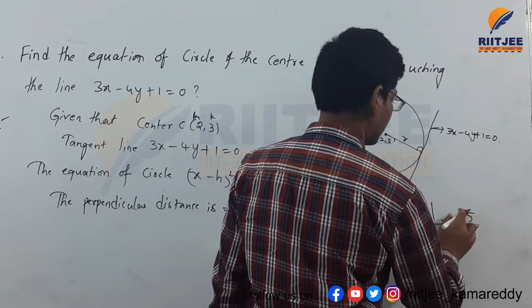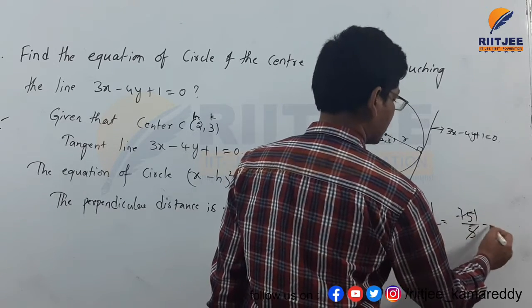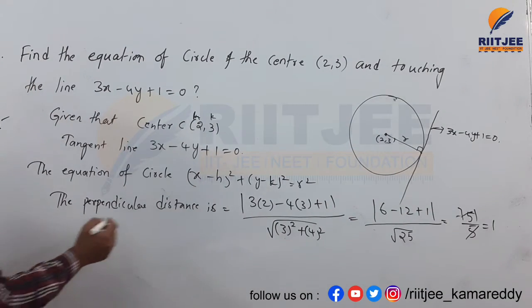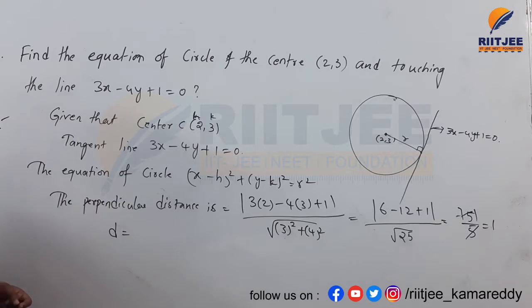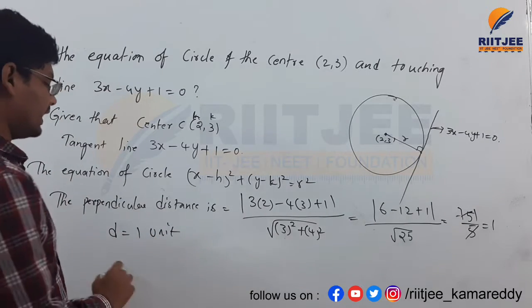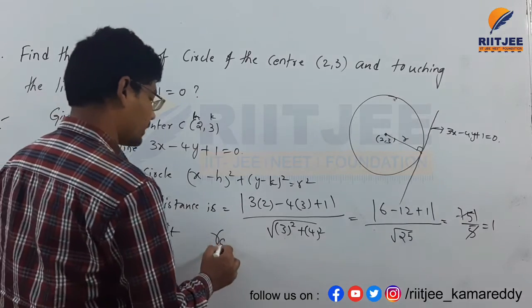Taking the modulus, that is equal to 1, so the perpendicular distance is 1 unit.